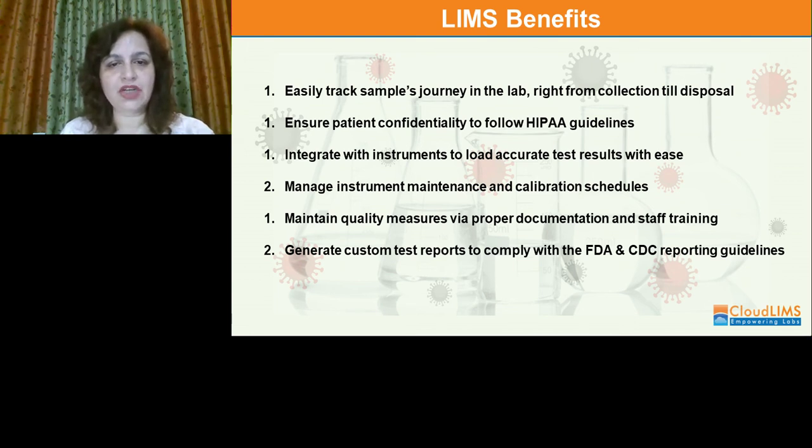It helps manage instruments, their maintenance and calibration schedules, as well as integrates with instruments to maintain data integrity. It also maintains quality measures via proper documentation and staff training. It also helps you generate custom test reports that comply with federal reporting guidelines.